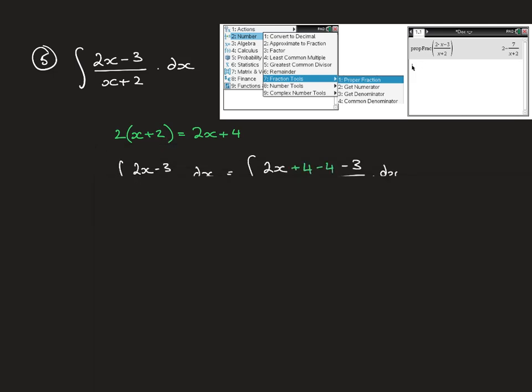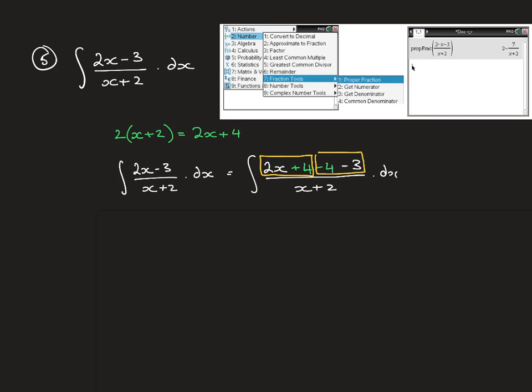And so what I'm going to do is turn our 2x minus 3 into 2x plus 4 minus 4, so that those cancel each other out, minus 3. And what I'm looking at is I'm trying to create this section here as a fraction over x plus 2, and this section here as a fraction over x plus 2.